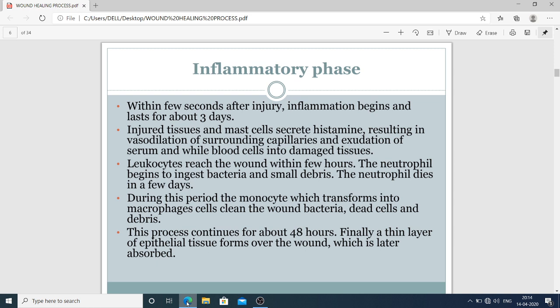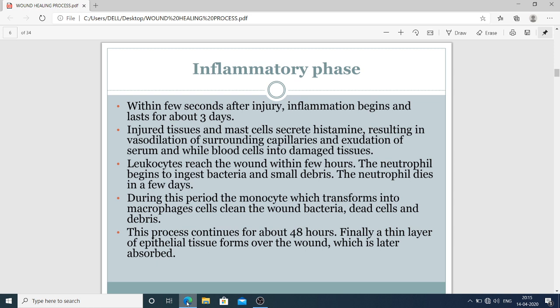Okay, then here we have read that the injured tissue and mast cells secrete histamine. What is histamine? Histamine is a kind of chemical produced in cells throughout the body as part of the body's inflammatory response to allergy, infection, or injury, resulting in vasodilation of surrounding capillaries.